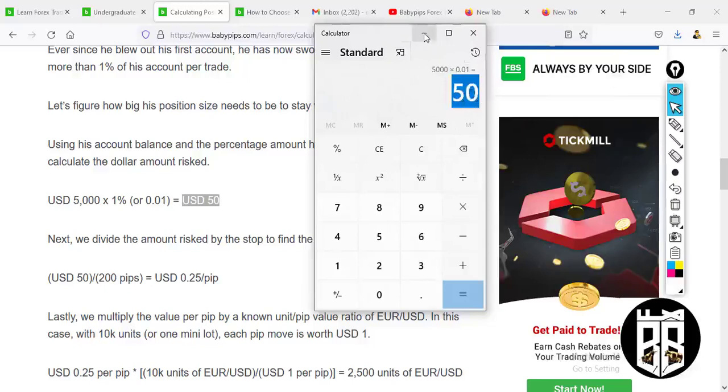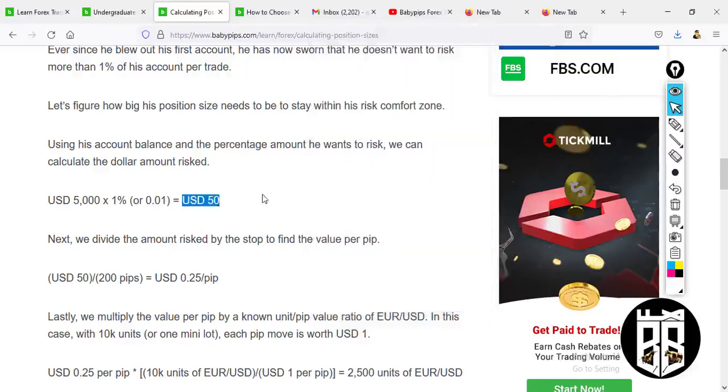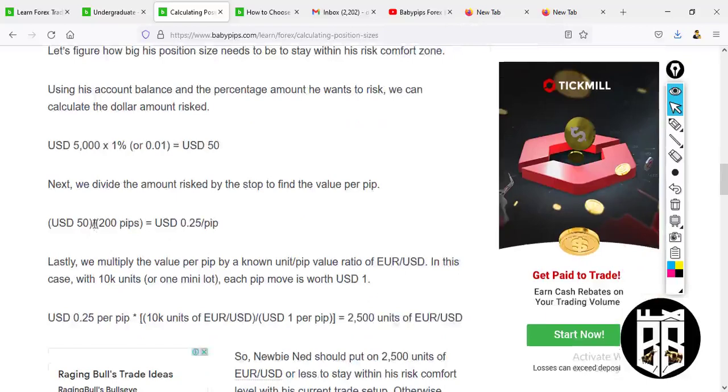Next we are going to divide the amount risked by the stop to find the pip value. So he is risking 200 pips. First of all, he's comfortable losing 200 pips of 1%.